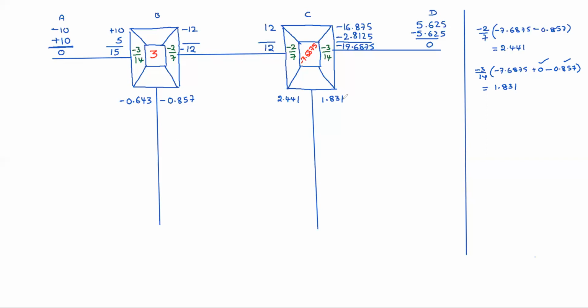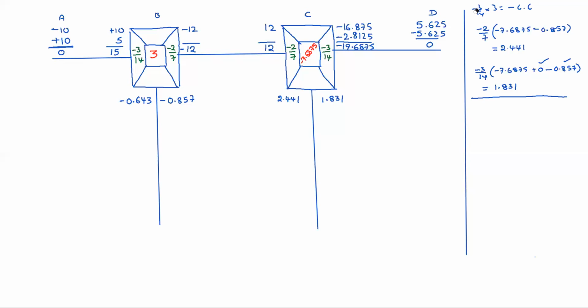After completion of one cycle, we'll go to the next cycle. Second cycle. Now, at joint B, if you want, I can write this one also: 3 into cycle 1, minus 3 by 14 multiplied by 3 equal to minus 0.643.